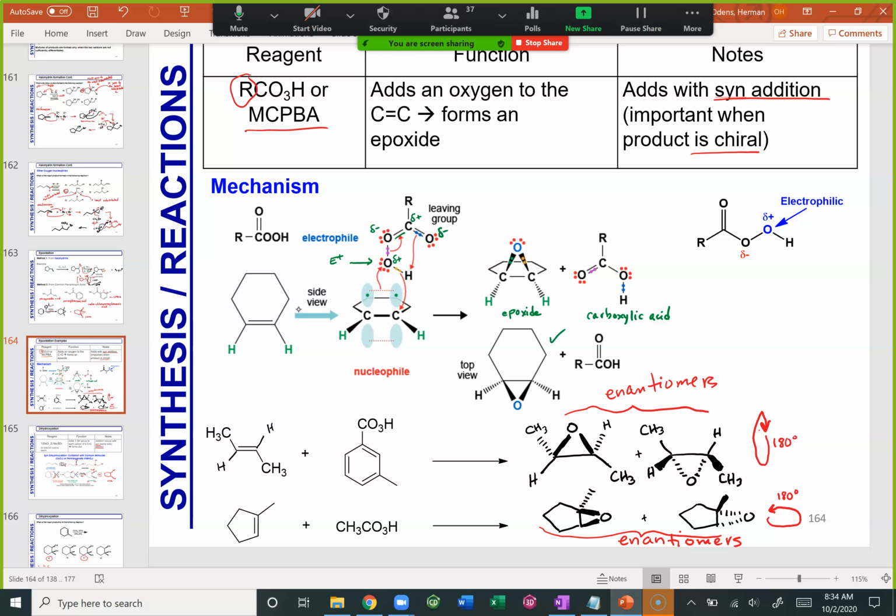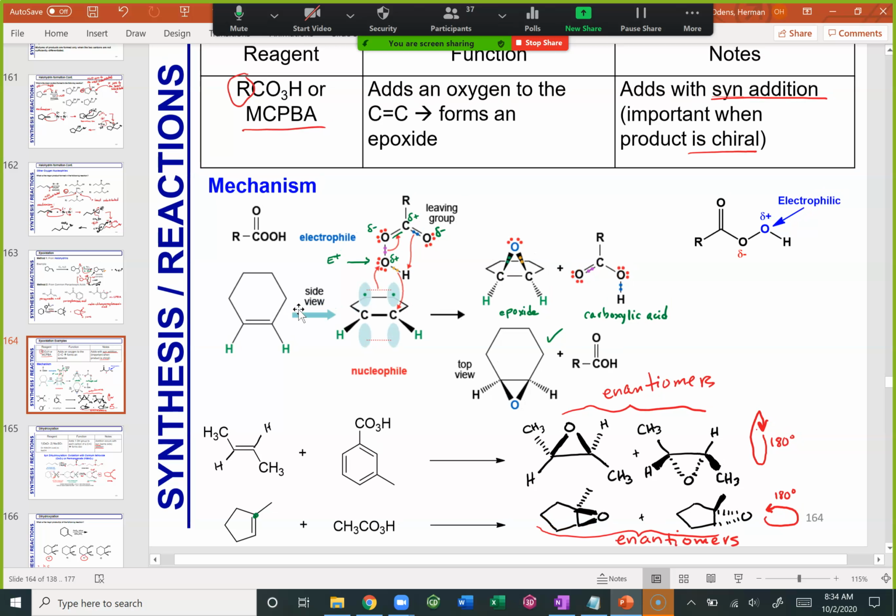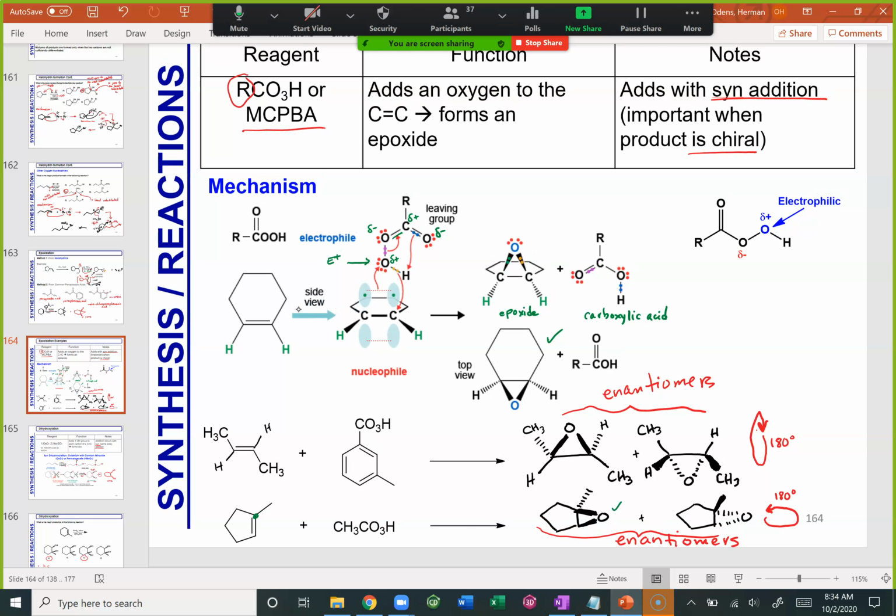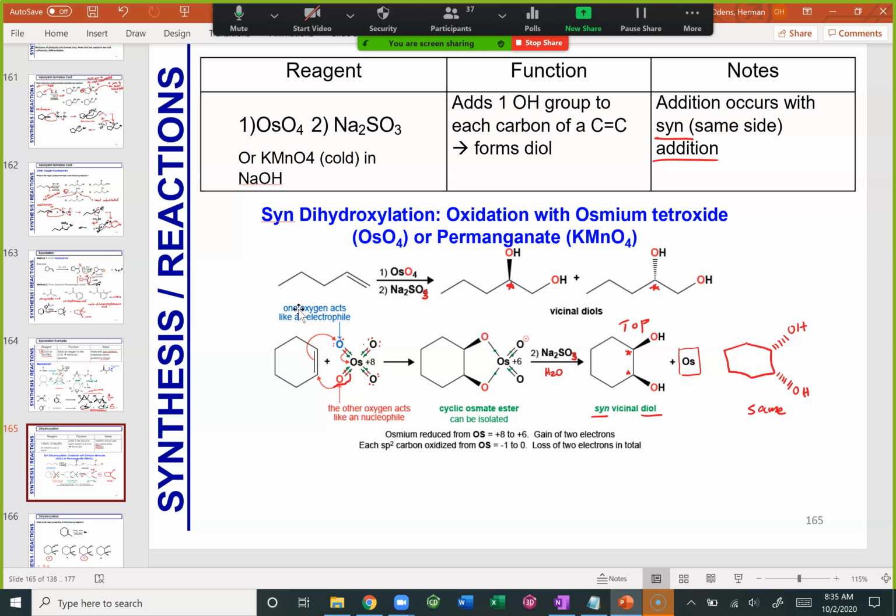But if you have one group attached to the alkene, then you will have enantiomers, because this guy and this guy are different. Notice that the methyl group is up here and the epoxide is down, or you can have the methyl up and the epoxide down. All right, so that's 6 mechanisms.